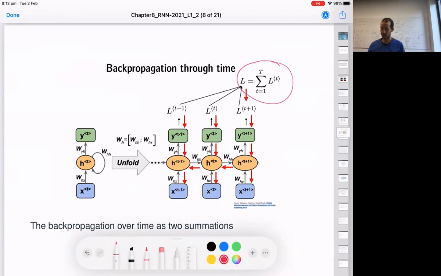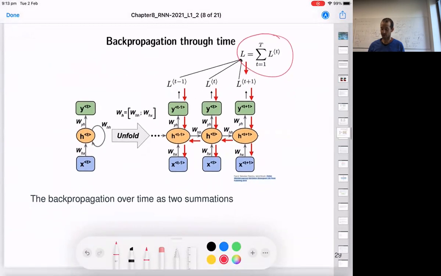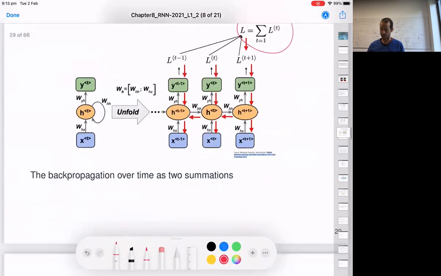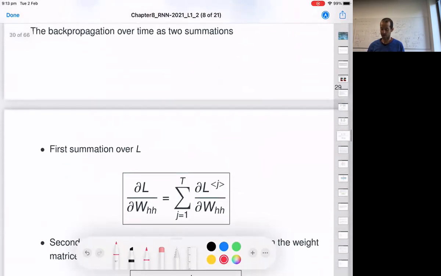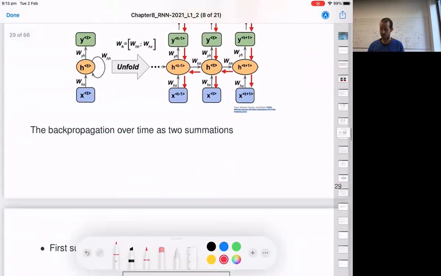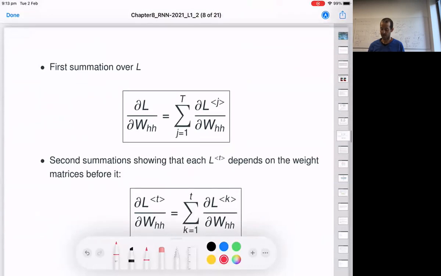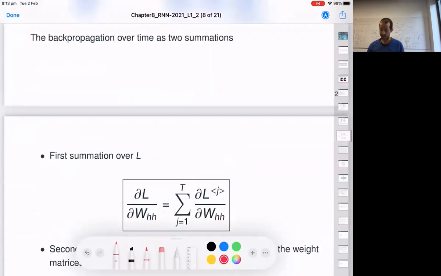This has two summations. The first summation is over all L, so all the losses, and the second summation is over the weight matrix.